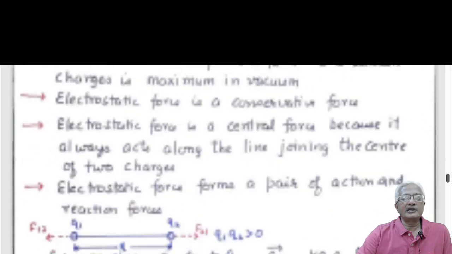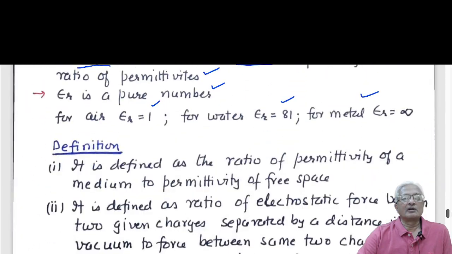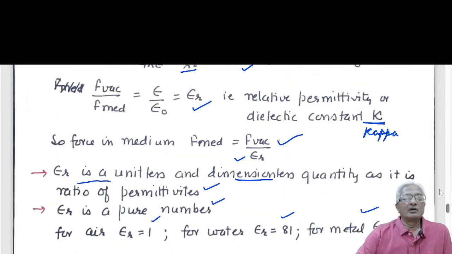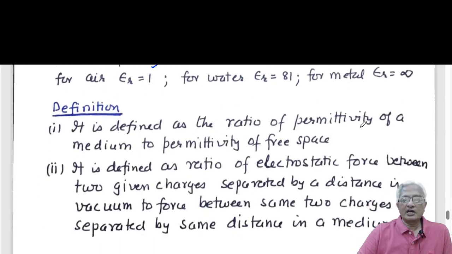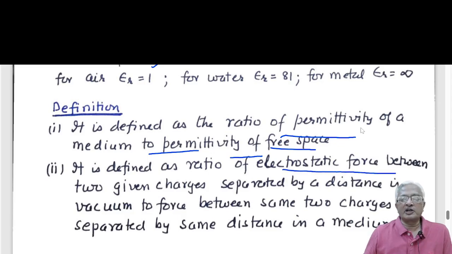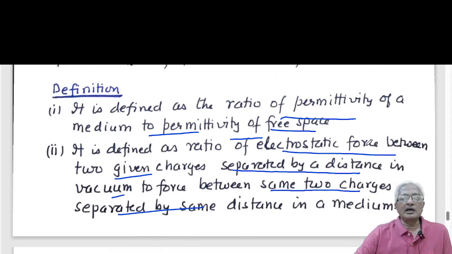It is defined either by the equation epsilon upon epsilon naught, as the ratio of permittivity of medium to permittivity of free space. In terms of forces, it is defined as the ratio of electrostatic force between two given charges separated by a given distance in a vacuum to the force between the same two charges separated by the same distance in a medium.